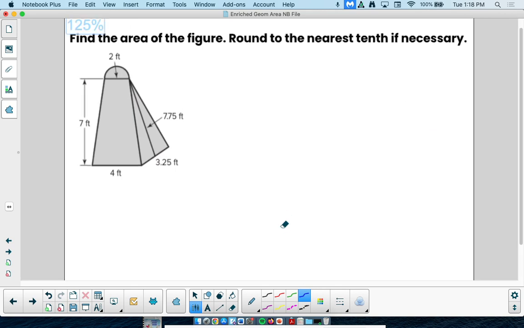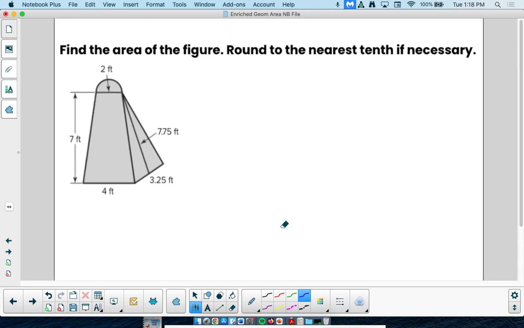Okay, last one, folks. Kind of a weird looking thing. But it's just three basic shapes mushed together. Which one do you see? A circle. So I'm gonna call it A. Let's find the area of that circle up there. Anyone remember the area of a circle? Pi r squared. What is our radius? 1.